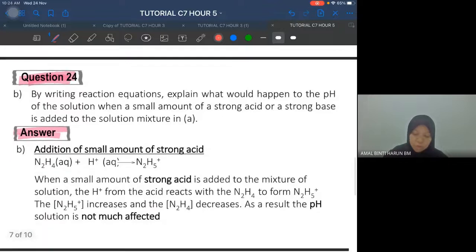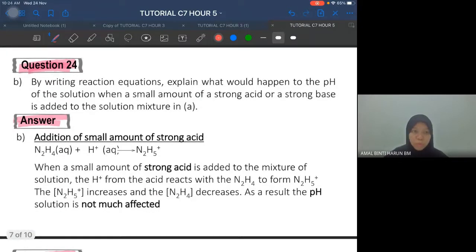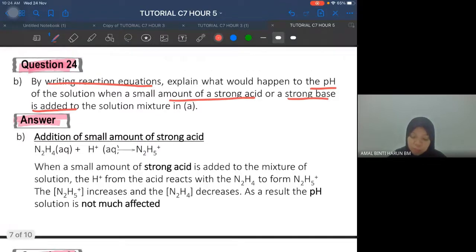So, now we continue 24B. By writing equation, explain what would happen to the pH of the solution when a small amount of strong acid or strong base is added to the solution. Okay. Sekarang kalau kita kata small amount of strong acid added, so kita tunjukkan acid added.